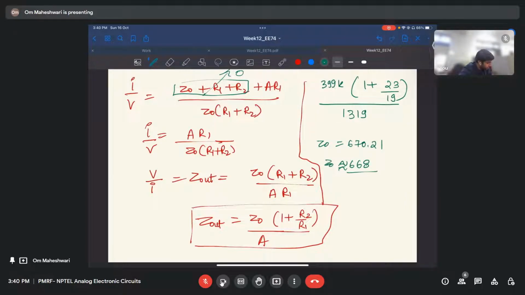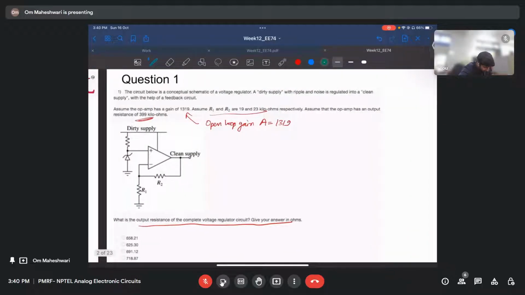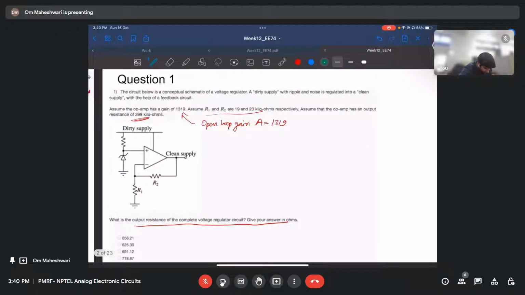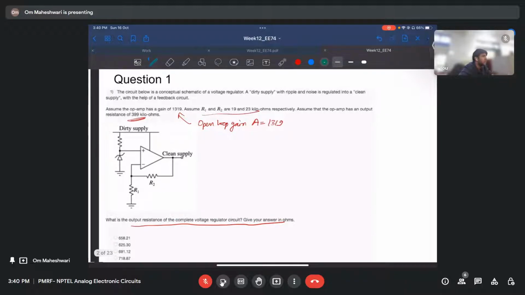So it should be 668 only, right? Yes, sir, it will be 668 then. Okay. Oh, there's no 668 in the answer options: 658, 625, 691, 718. Let me check.